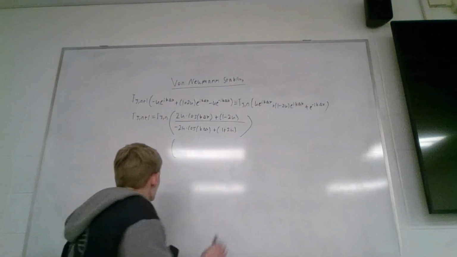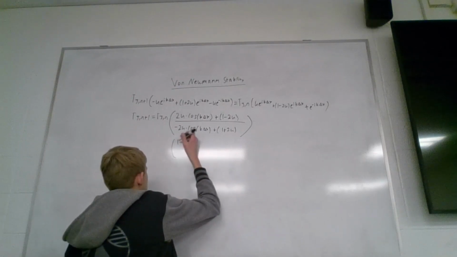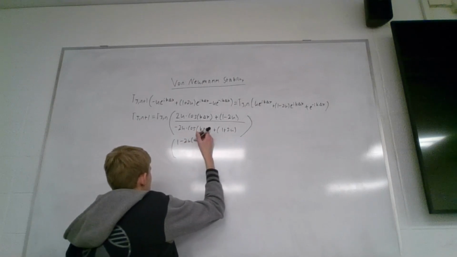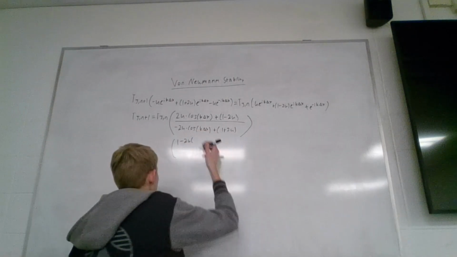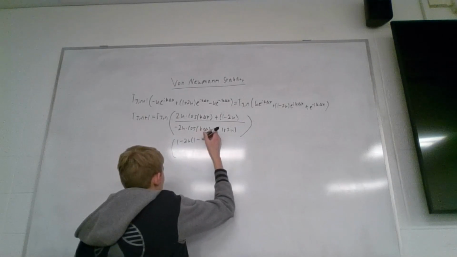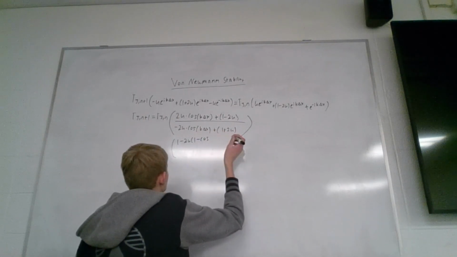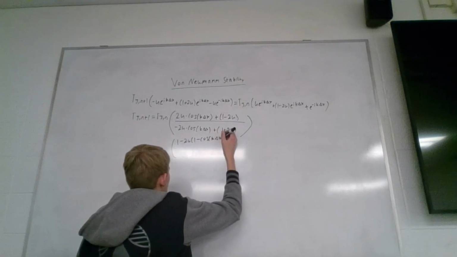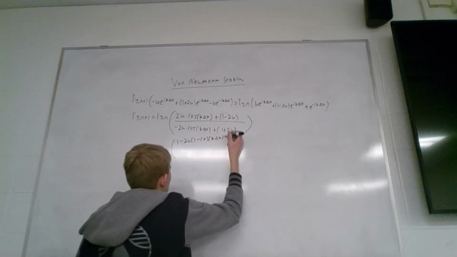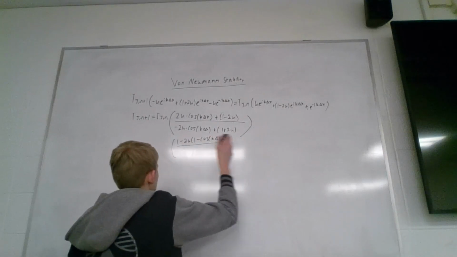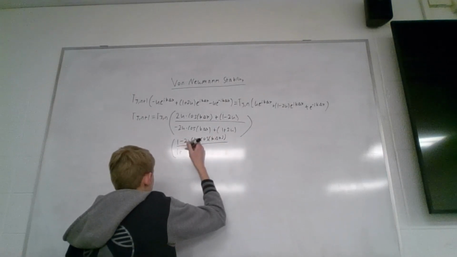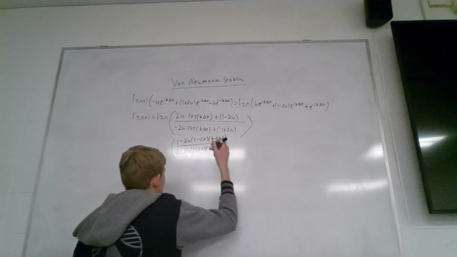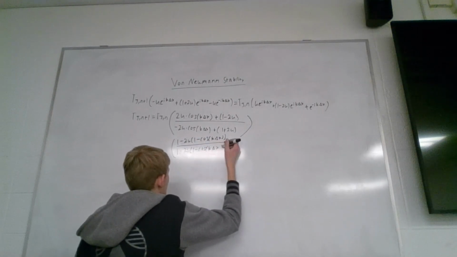So we're going to have a new equation as such. It's going to be 1 minus 2u times, should be 1 minus cosine k delta x, in parentheses, over 1 plus 2u times 1 minus cosine k delta x.